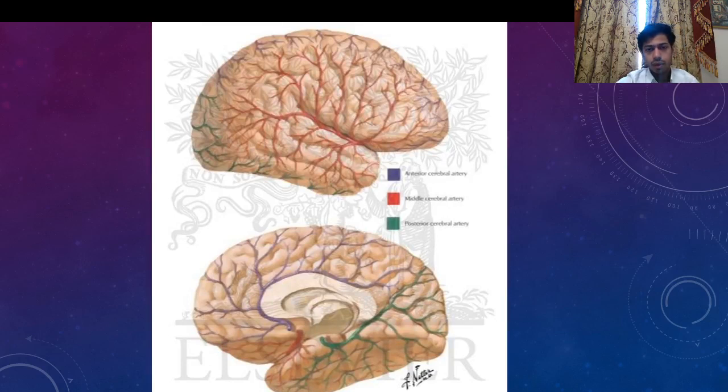So in the previous slides I mentioned these three main arteries of the circle of Willis and the regions that they supply blood to.